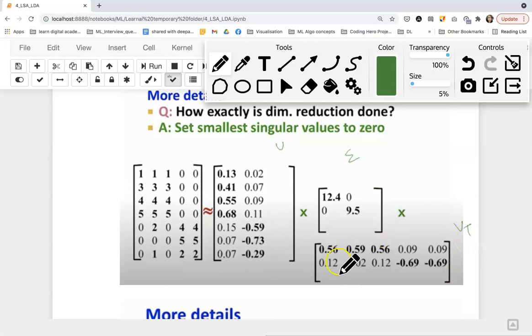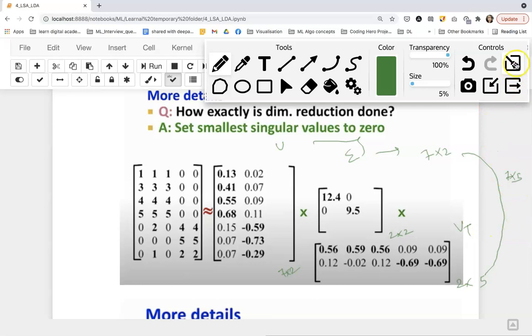When we multiply these three, what is the dimension of it? 7 cross 2, 2 cross 2, and 2 cross 5. The multiplication of the first two will give us 7 cross 2, and then 7 cross 2 multiplied by 2 cross 5, we will get 7 cross 5.